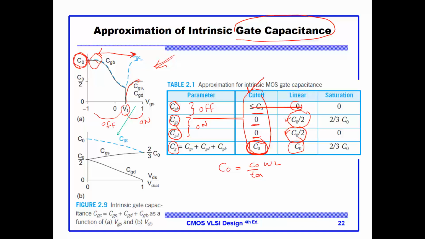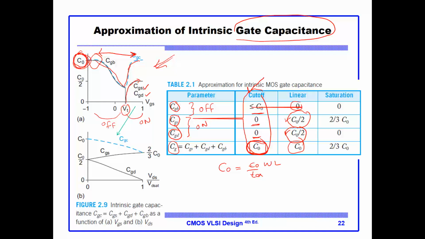The gate capacitance dips a little bit because of the depletion region and the changing from the off to on state, but it recovers and goes back to full C naught, because if we add CGS to CGD, we get C naught as the total gate capacitance.